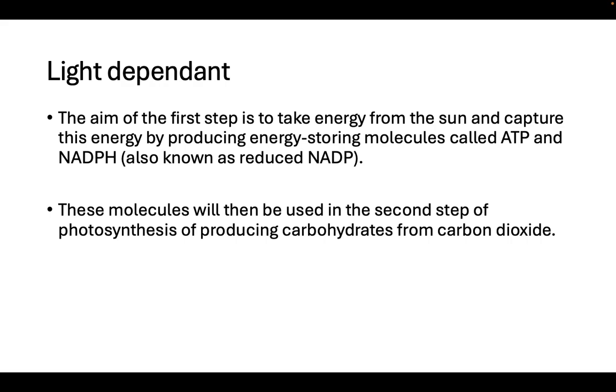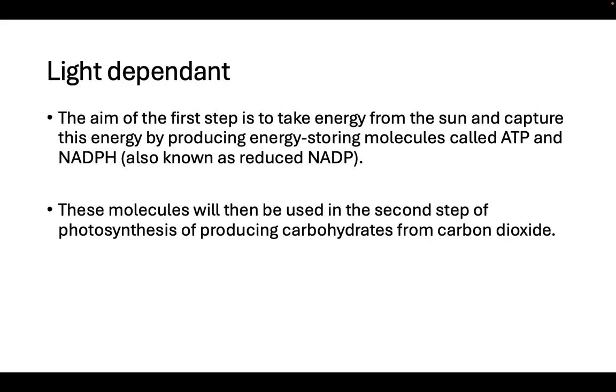And these two energy storing molecules are called ATP, which is something we'll hopefully remember from core biology, and another molecule known as NADPH, or also known as reduced NADP in some books.